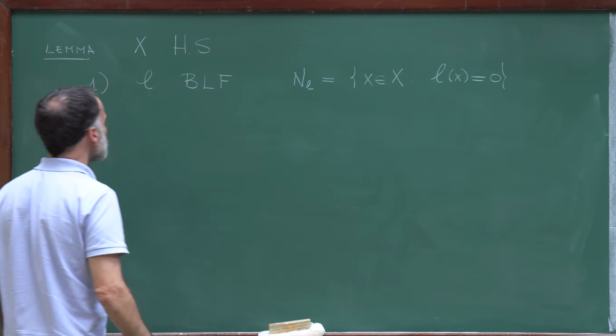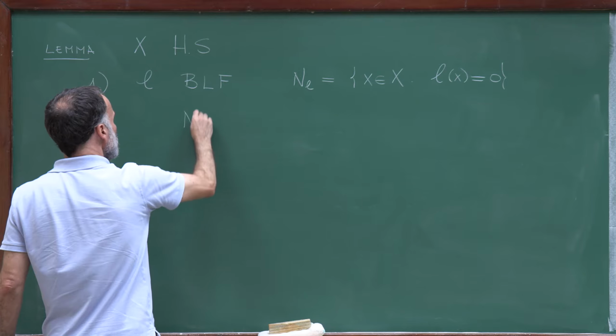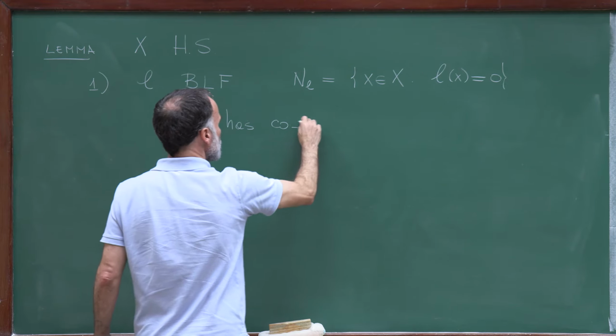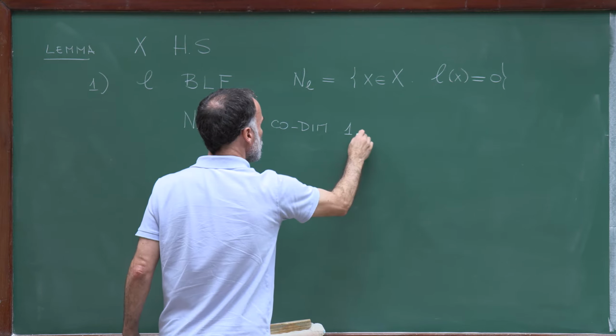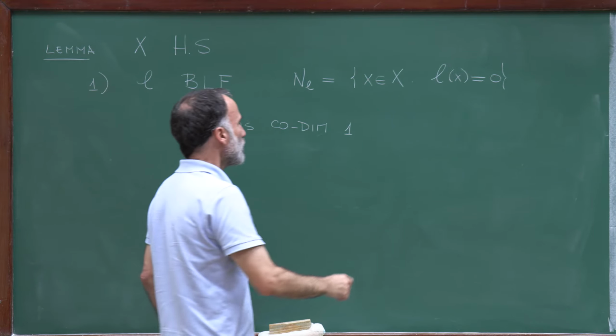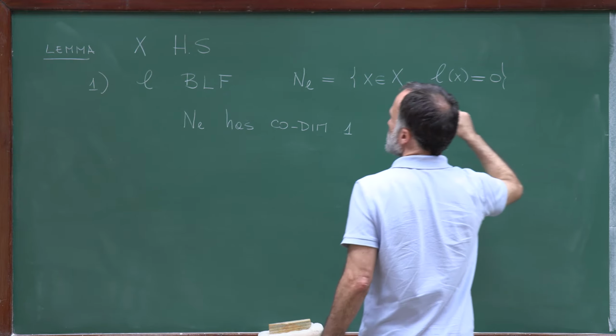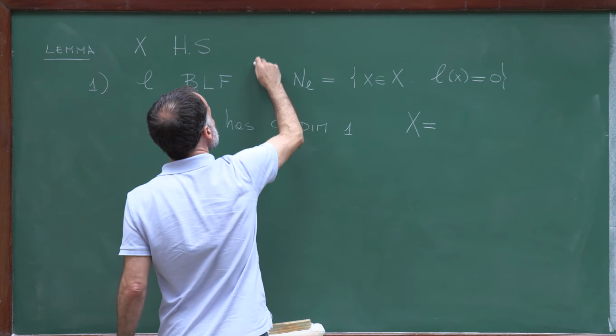And the claim is that N_L has codimension 1, which means that X can be written, and I'm assuming that L is different from 0.